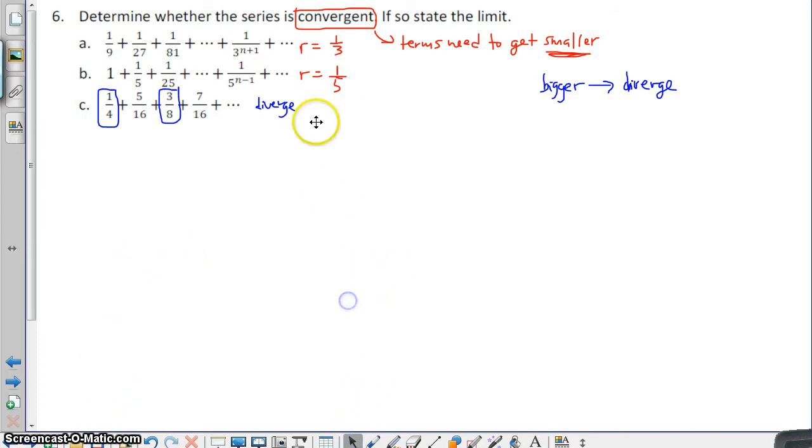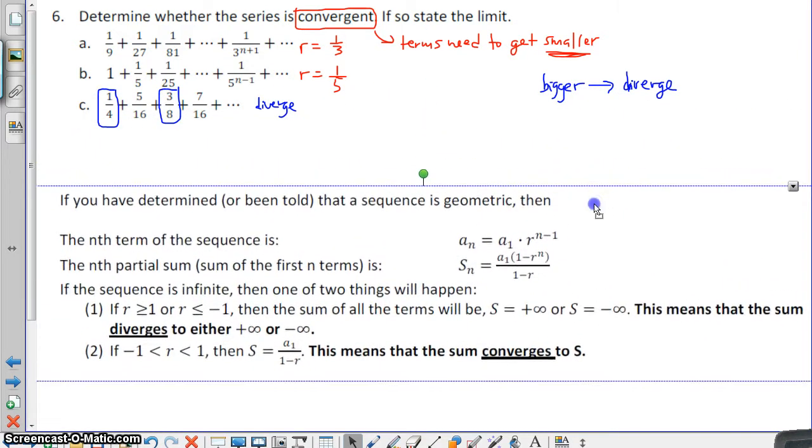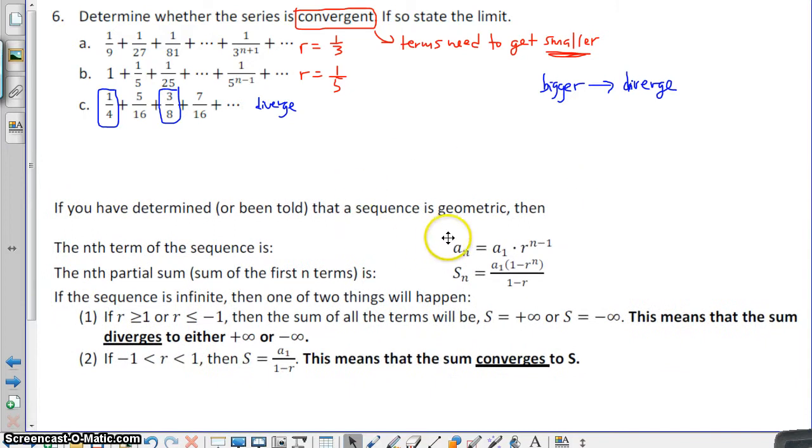To be more specific, to see what this number actually converges to, it's good to have this handy. We know R. We can easily find the first term and use this sum. And this is going to be for a partial sum because you're going to stop at n. That means you have the first n terms. But notice this means that it's going to go on forever.